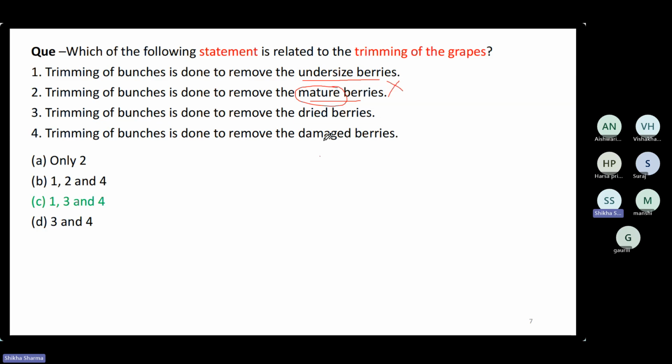Next, trimming of bunches is done to remove the dried berries, which is correct. And trimming of the bunches is done to remove the damaged berries, which is also correct. So statements 1, 3, and 4 are correct. So option C is correct.